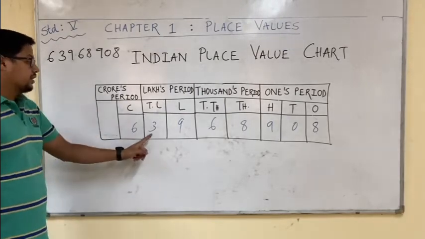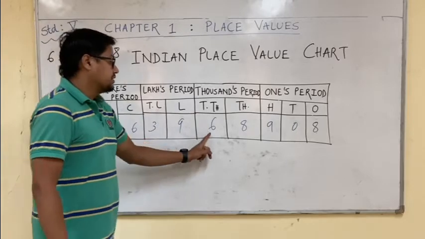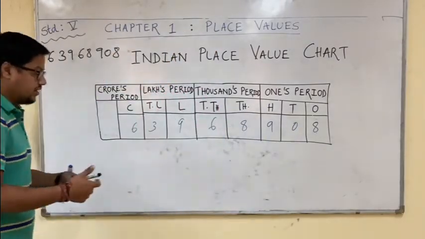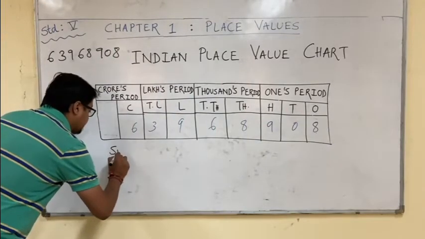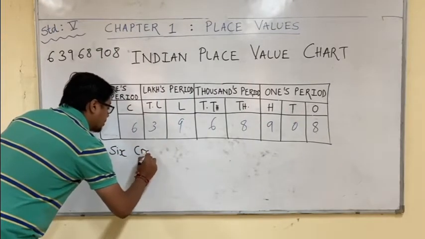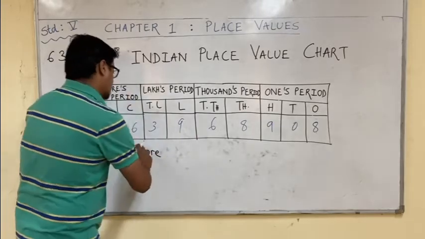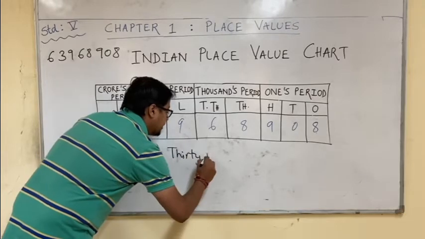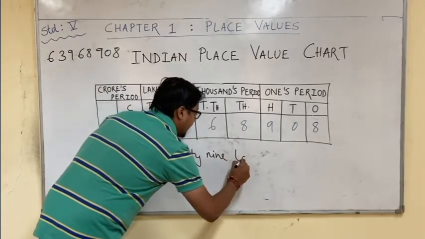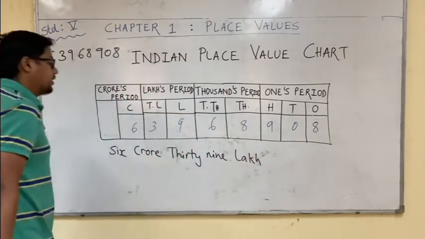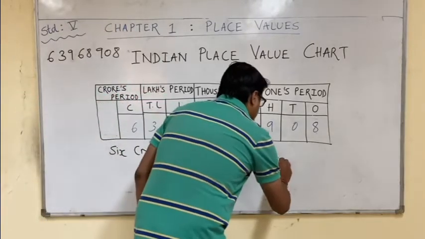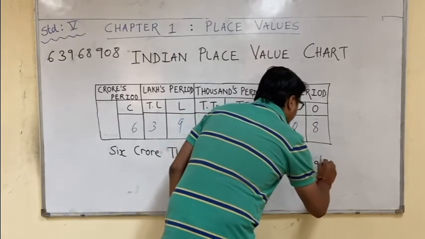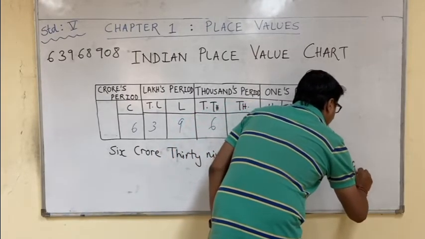6 crore 39 lakh 68,908. Okay, so sir will write the number name also. How? 6 crore, okay, 39 lakh, okay, don't put S, 68,000.